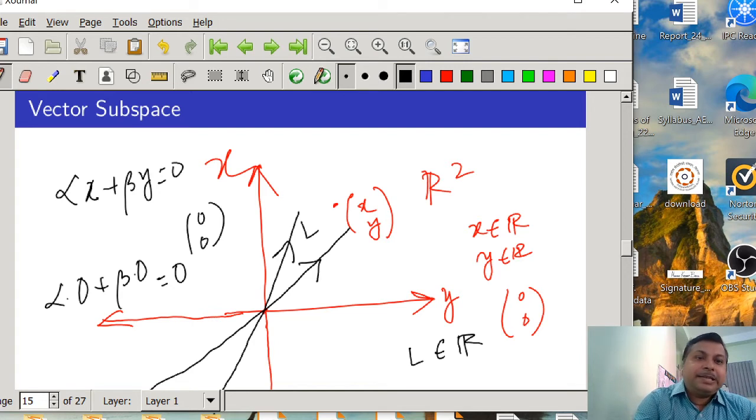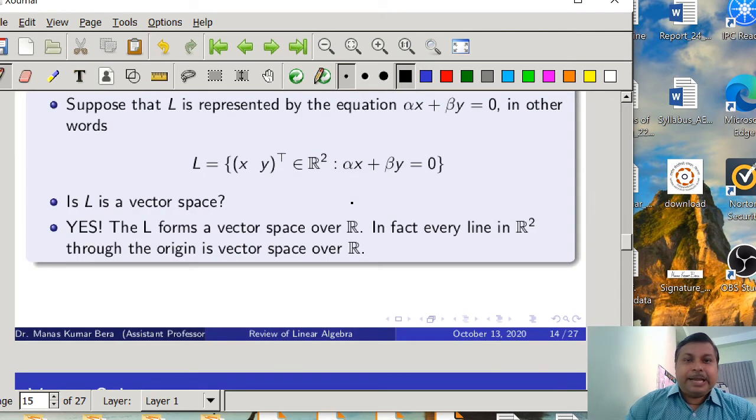And then you can see that it is closed under scalar multiplication as well as closed under addition. So definitely this L, the set of lines which is passing through the origin, is a subspace of R2.